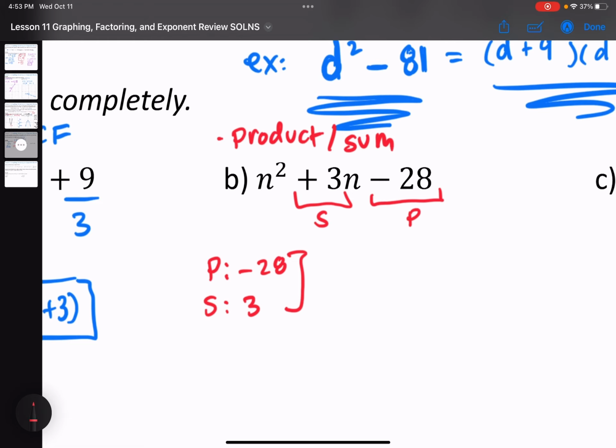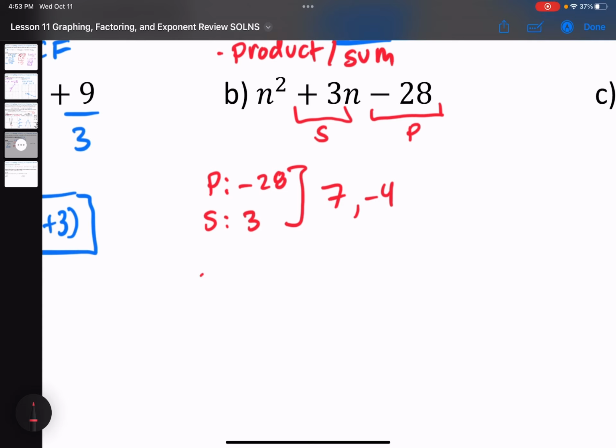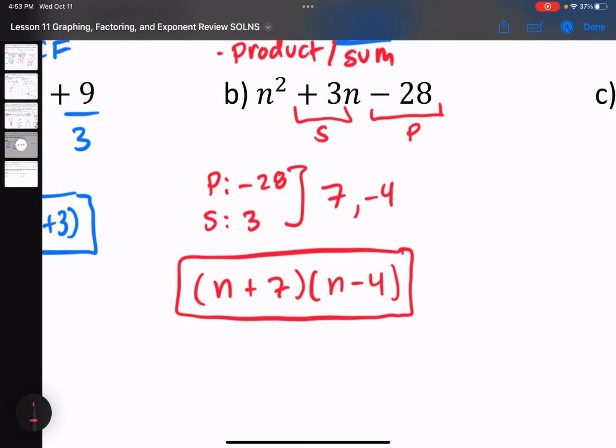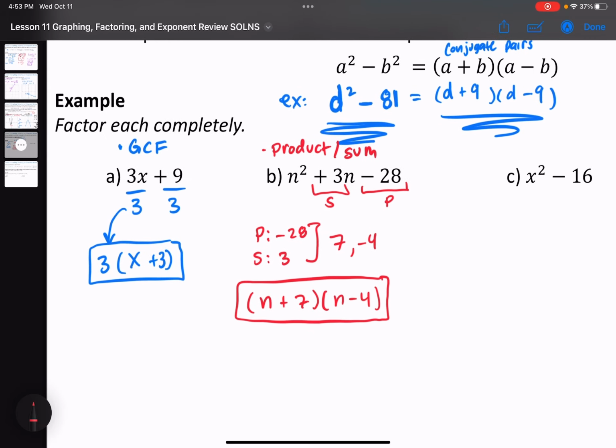Yes. I know you had it in your mind, it was 7 and -4. 7 times -4 gives us -28, and 7 plus -4 gives us +3. So when we factor this into two binomials, we'll get n plus 7 times n minus 4. And because neither of these two terms can factor any lower, that would be our fully factored form.